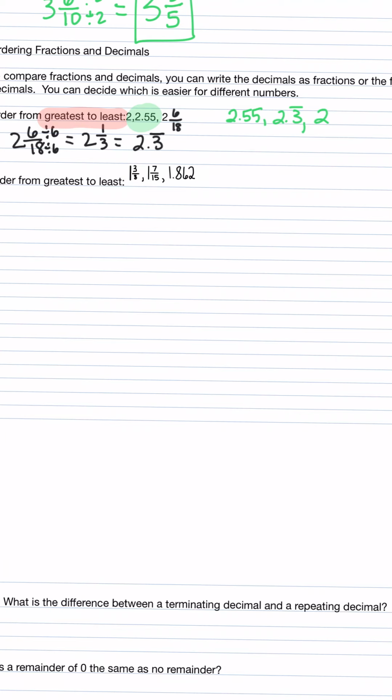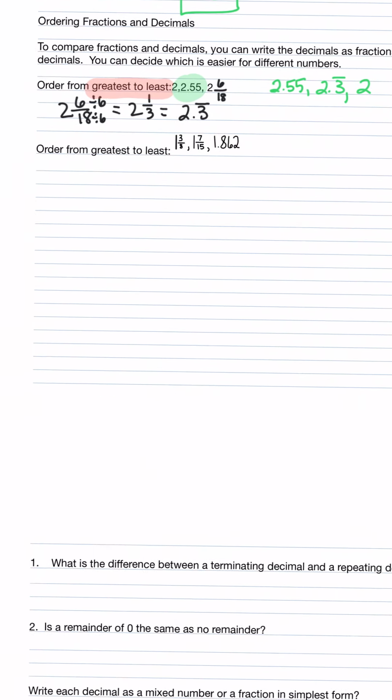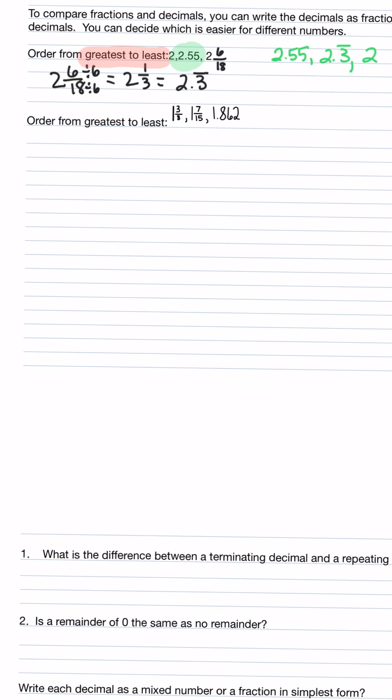Looking at the next one, order from greatest to least. So let's turn our fractions into decimals. You can go ahead and try this on your own and then come back to me and see if you got it correct, if you would like the challenge.